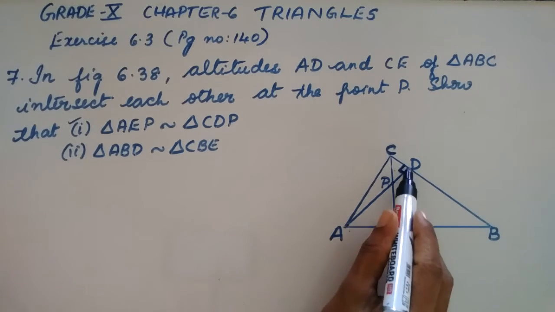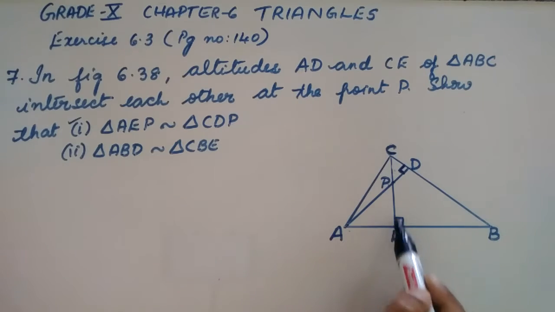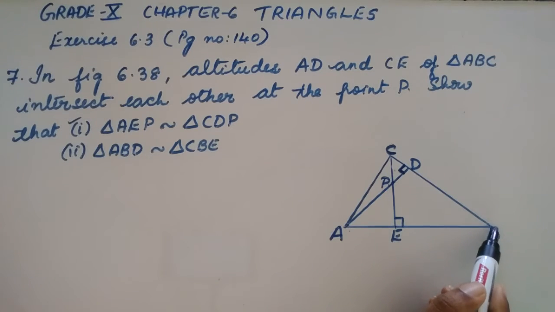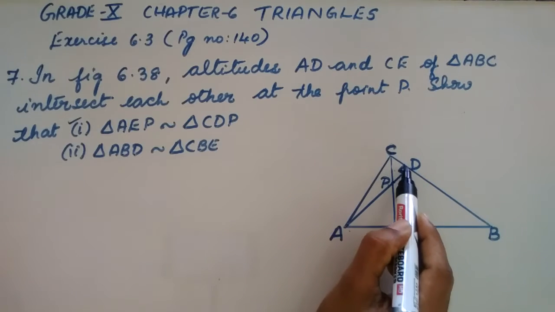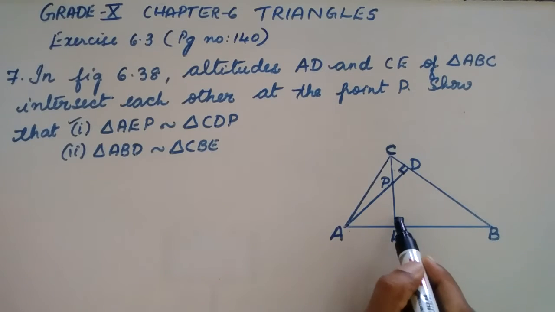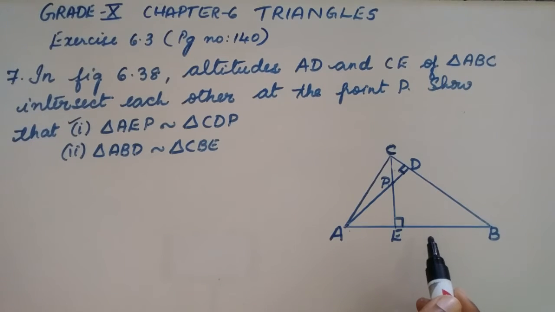That is, AD is perpendicular to BC and CE is perpendicular to AB. So here this is 90 degrees as well as this one is 90 degrees, since they are perpendicular.